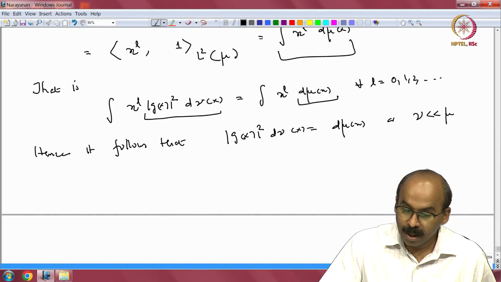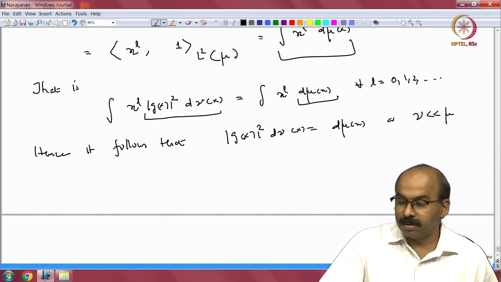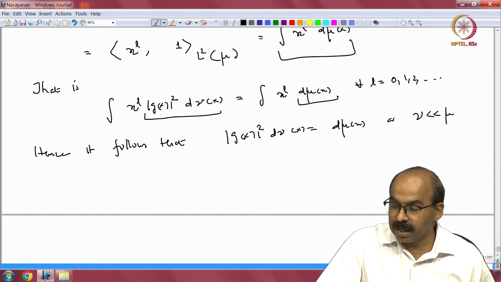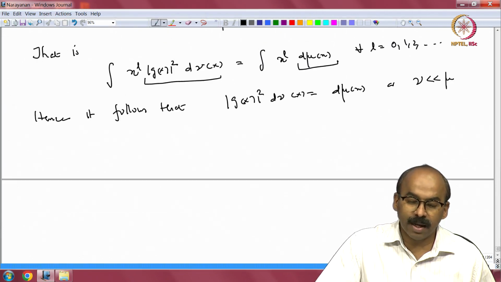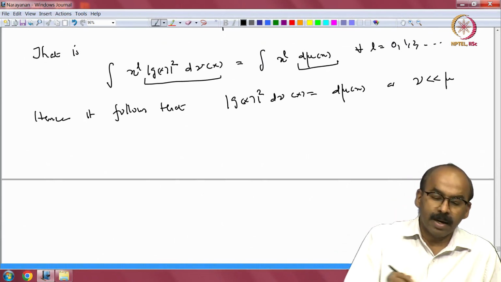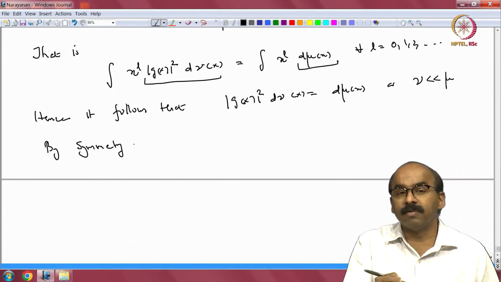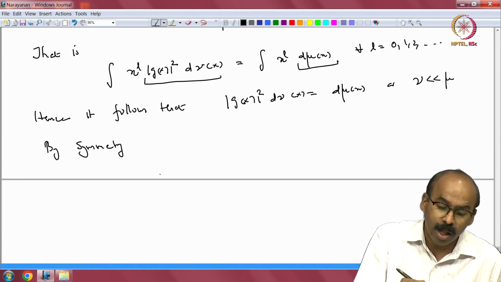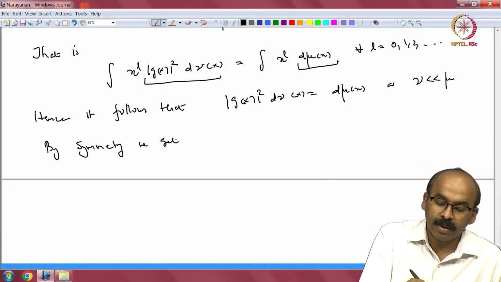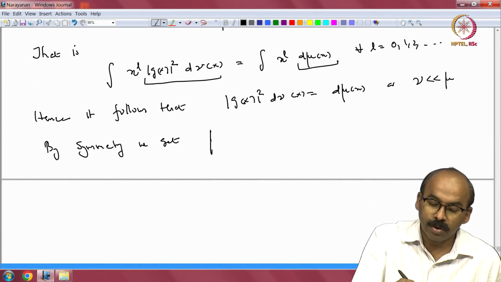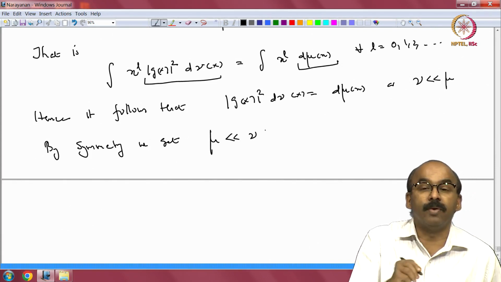But nu and mu are arbitrary, we can change the order and then we will see that they are the same. By symmetry, or use V inverse if you like, you will get the other way. So by symmetry we get that mu is also absolutely continuous with respect to nu.